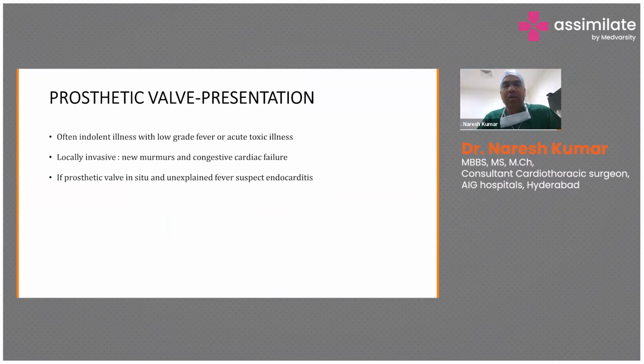Most of the time they present with a stuck valve, that is, a dysfunctional prosthetic valve. So whenever a patient with earlier prosthetic valve surgery presents with long-standing fever not responding to regular antibiotics, or new onset murmur, or clinical pulmonary edema, we should always suspect prosthetic valve infective endocarditis, and search for any infective endocarditis lesions if at all possible.